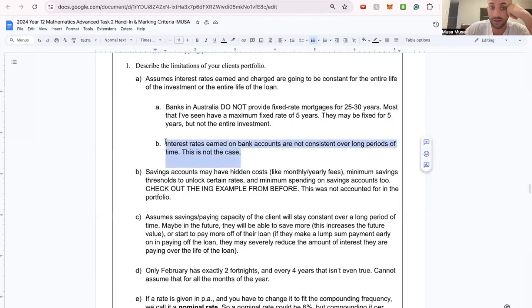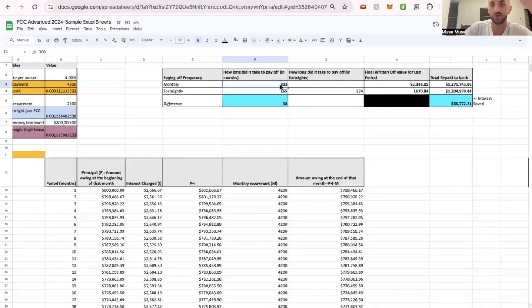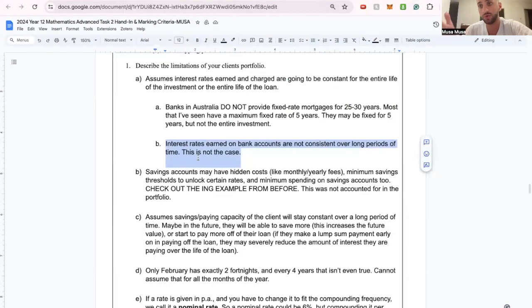That's what part B says. But also for part A, when we did all of our models for these loans, we assumed the interest rate that they charge was constant for the entire 20 years or 30 years or however long these things were, right? For the 303 months or the 574 fortnights. This is not true in Australia.